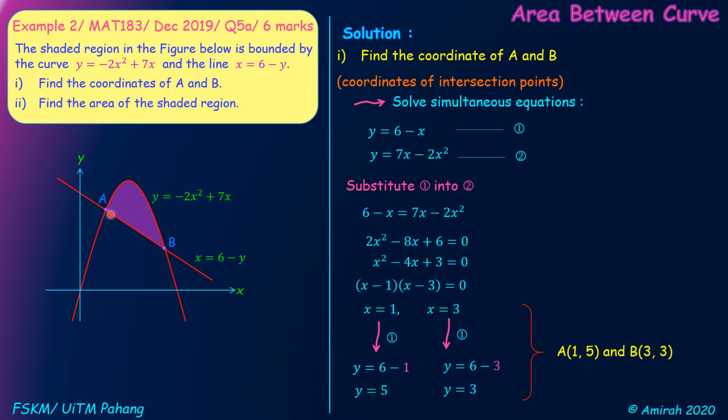Since A is on the left side, we choose x equals 1 as the coordinate of A, and when x equals 1, y equals 5. So this is the coordinate of A, and B is (3, 3). So these are the coordinates of A and B.